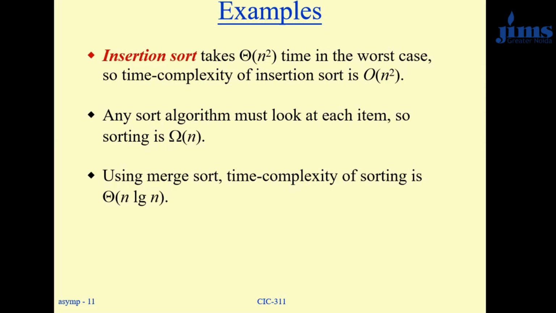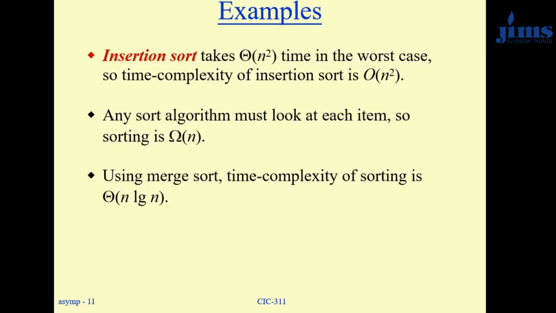Now, if I talk about the lower bound, each of the values will have to be looked at at least once if we have to sort the values. So at least once means the number of comparisons will be n minus 1. For example, in the best case of insertion sort, if the values are already in sorted order, then the second one will be compared with the first one, the third one with the second one, the fourth one with the third one, and so on till the last one gets compared with the second last one.